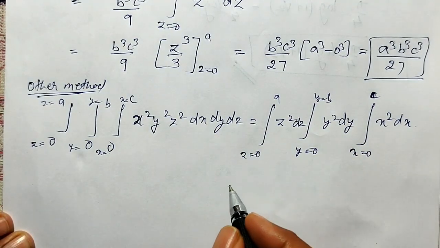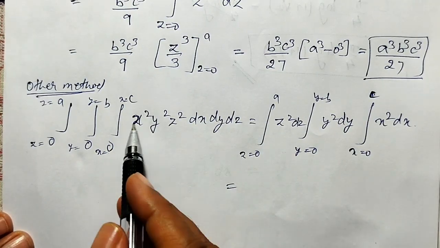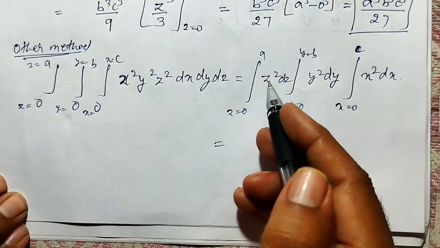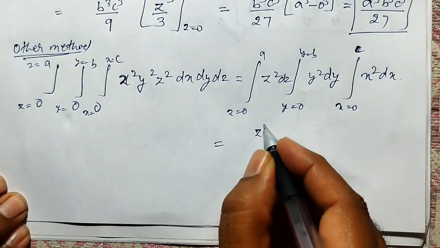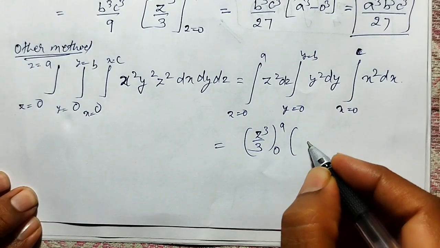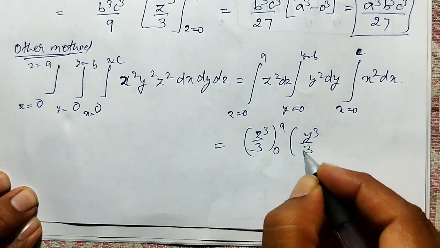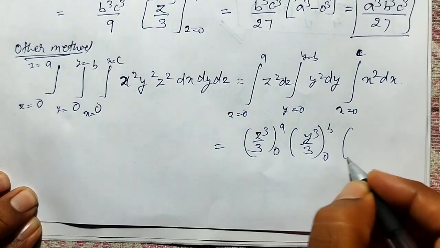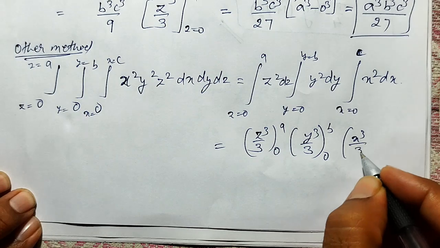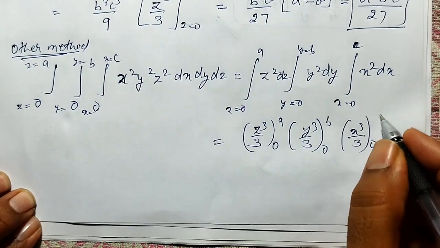It is possible only when it is a product of 3 terms and here constant limits are there. Therefore, integration of z square is z cube by 3 between the limits 0 to a, into y cube by 3 between the limits 0 to b, and this is x cube divided by 3 between the limits 0 to c.